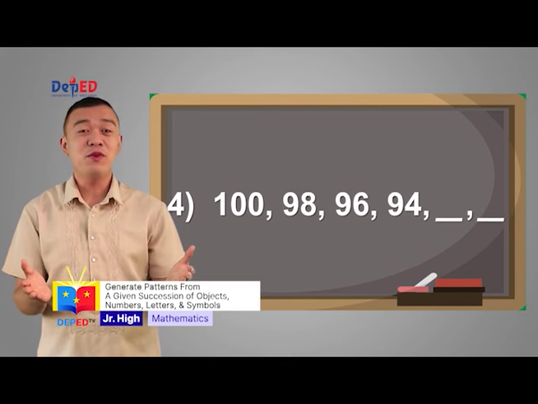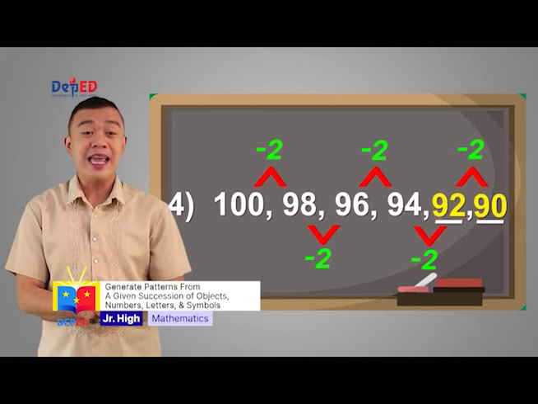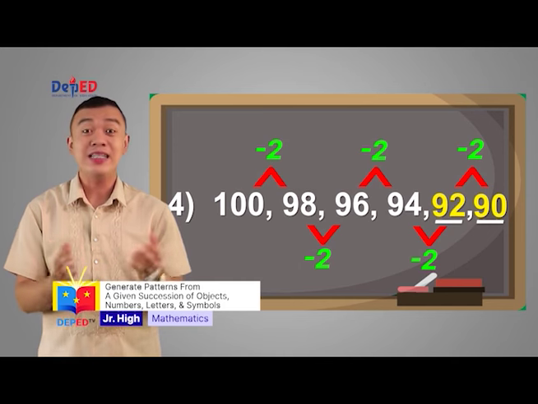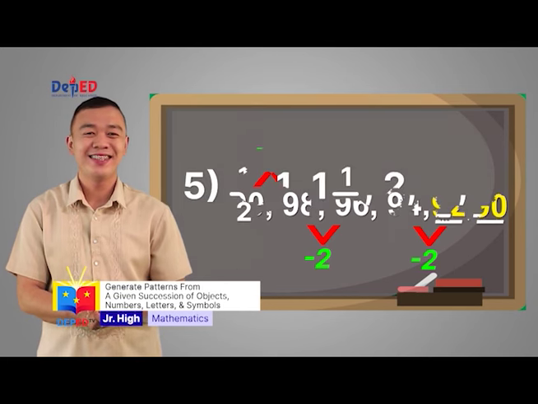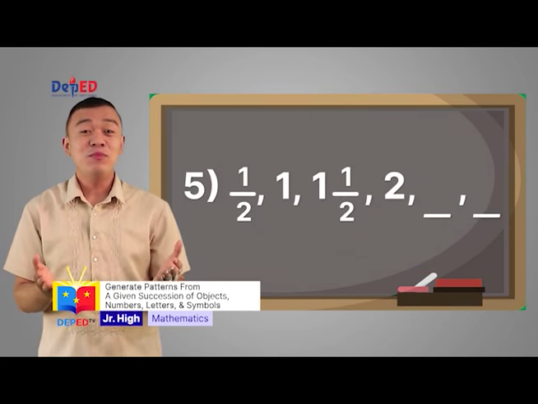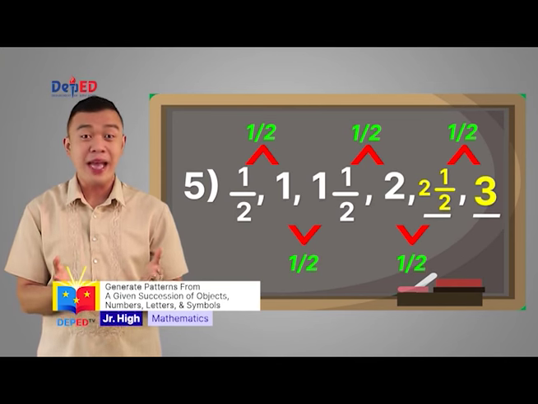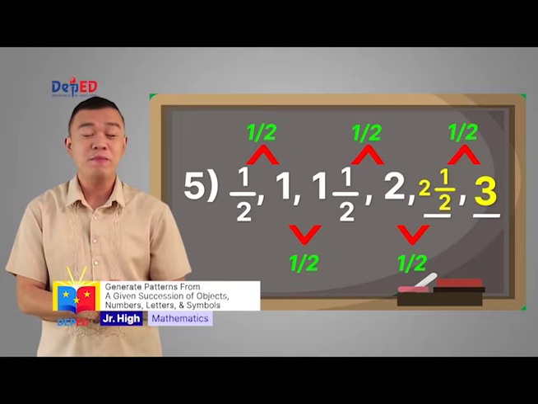In item number 4, 92 and 90 are the next two terms because negative 2 is added to the preceding term. And in item number 5, 1/2 is added to the preceding term to get 2 1/2 and 3 as the next two terms.